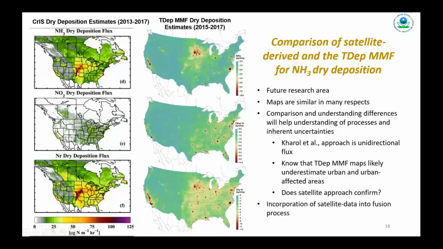You see this big band of ammonia deposition here in Nebraska, Kansas, and northern Texas, and you see that in the TDep model, but this is more pronounced in the satellite and this is less. So there's differences, and I think that comparing and understanding these differences will help understand the processes and the inherent uncertainties associated with the processes, and will really help to provide some answers on that.